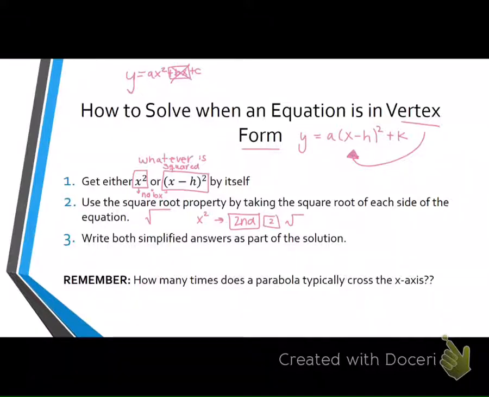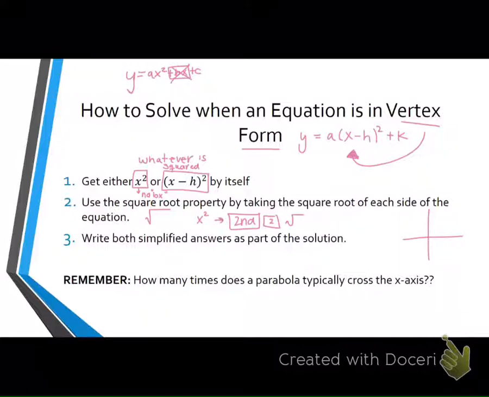Anyways, we need to think about this. This is where a lot of you are going to go wrong. When you take the square root of 16, you get what? 4.